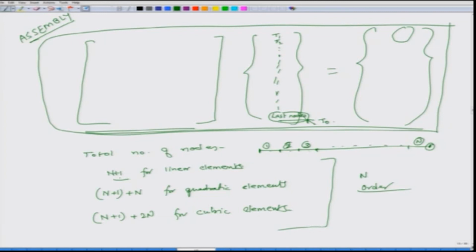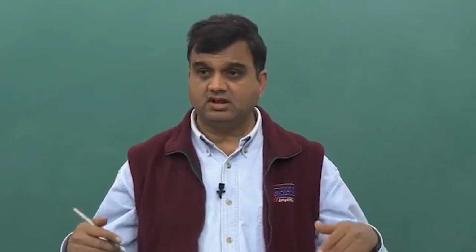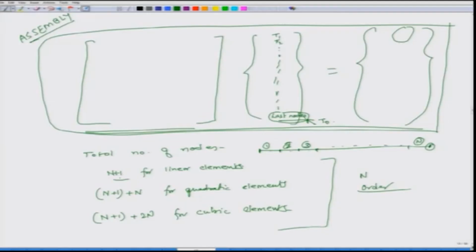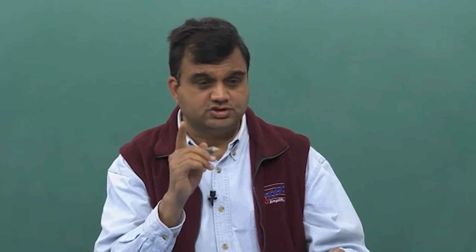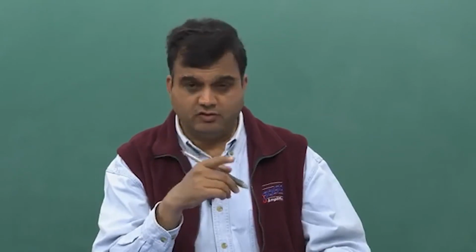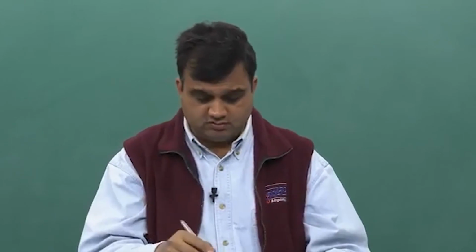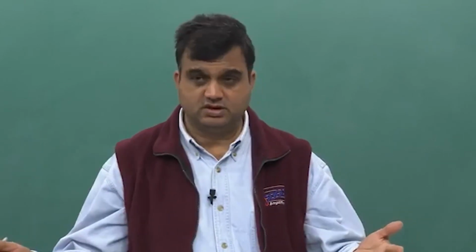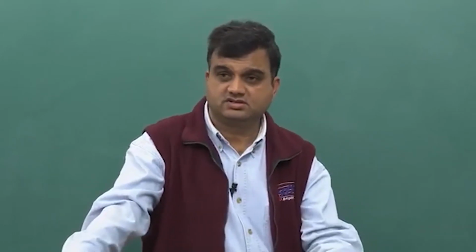Then we have captured the whole physics of the problem, and when we solve these equations we calculate T1, T2, and so on, because the number of unknowns and the number of equations are the same. This is what we accomplish through the assembly process. How it happens we will learn later, but at this stage we compute all the unknowns and get the numerical solution for the problem. We do not get a formula, we get a numerical solution, because when you are using matrices you will get some numbers. Okay? So that is what I wanted to discuss.